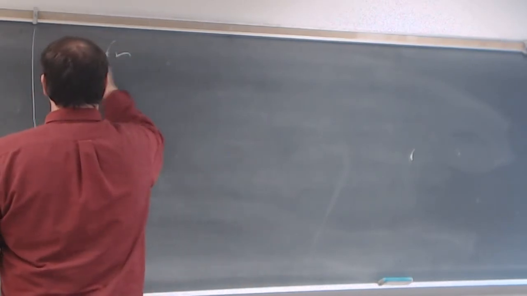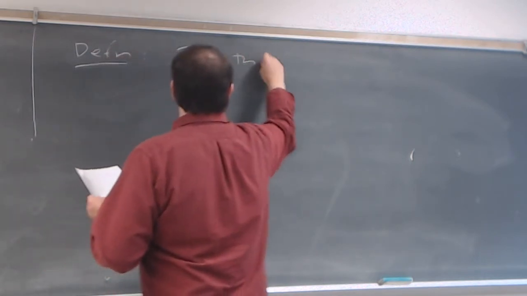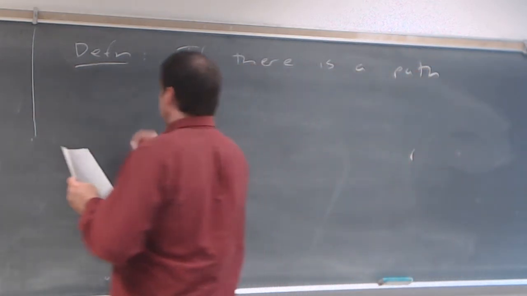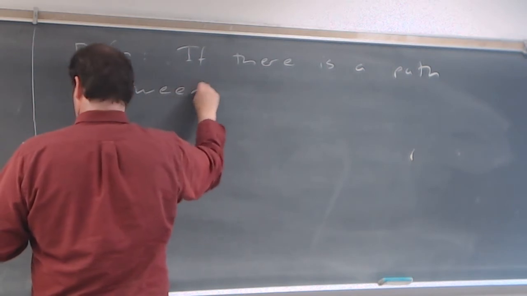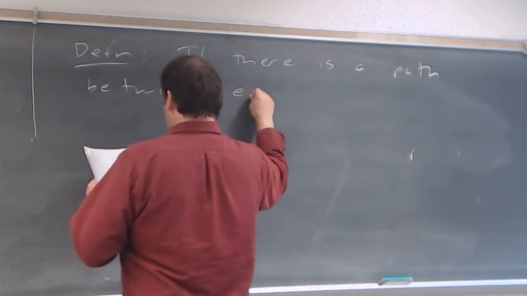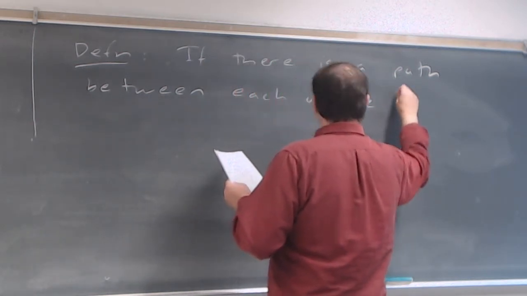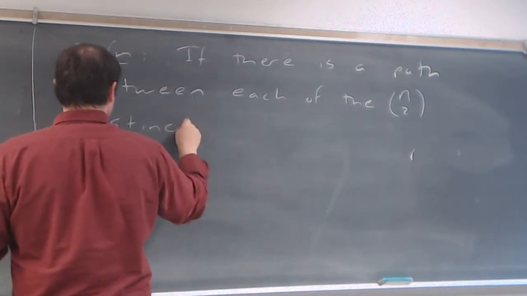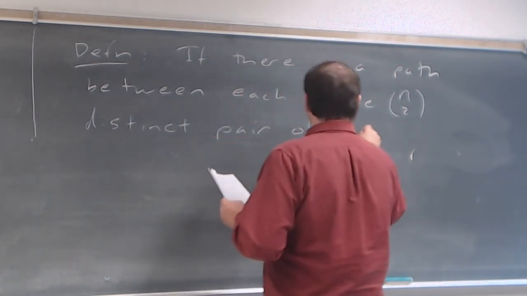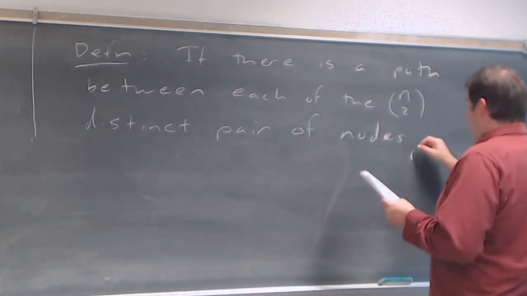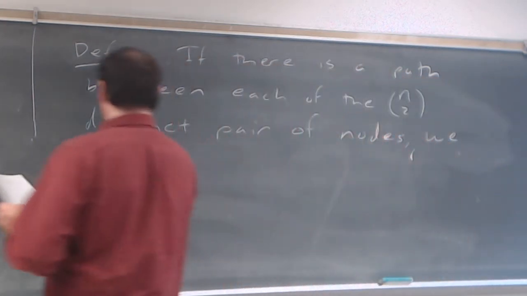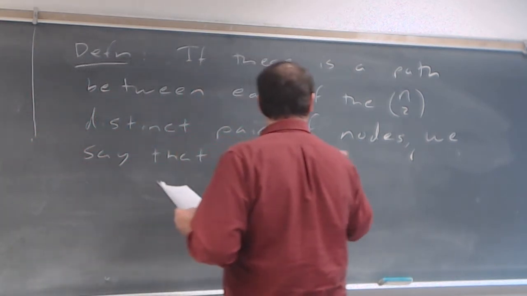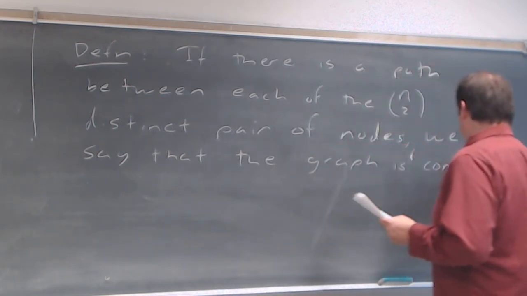So, as a definition, if there exists, or there is, a path between each of the n choose 2 distinct pairs of nodes, we say that the graph is connected.